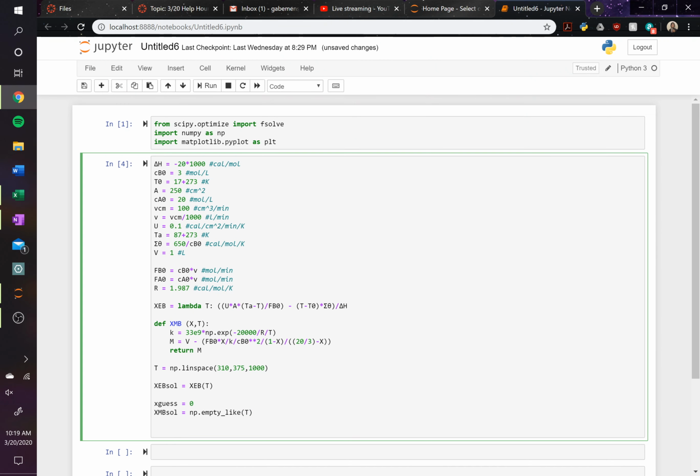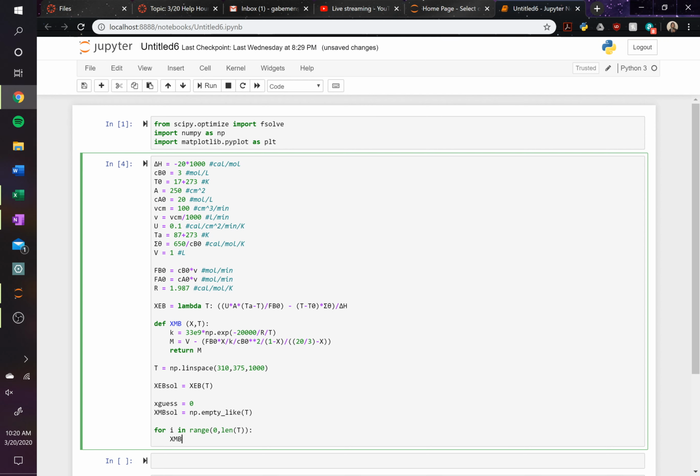With fsolve we'll only solve for our solution at one point, but we don't want to do it at one point, we want to do it at 1,000 points. So we're going to have to put it into a for loop in range of 0 to length t.